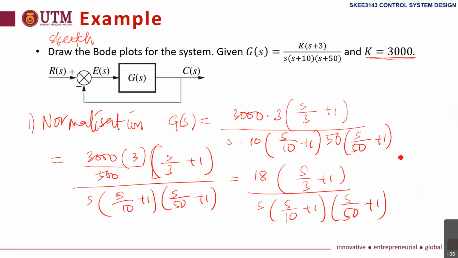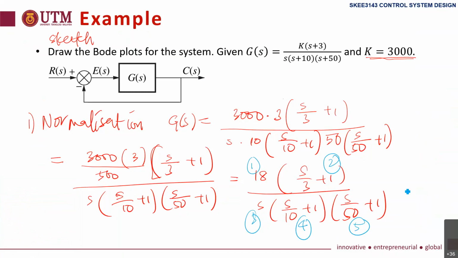Okay, here we have 3 poles, 1 zero, and also 1 gain or 1 constant. That means we have 5 components: component 1, component 2, 3, 4, 5.